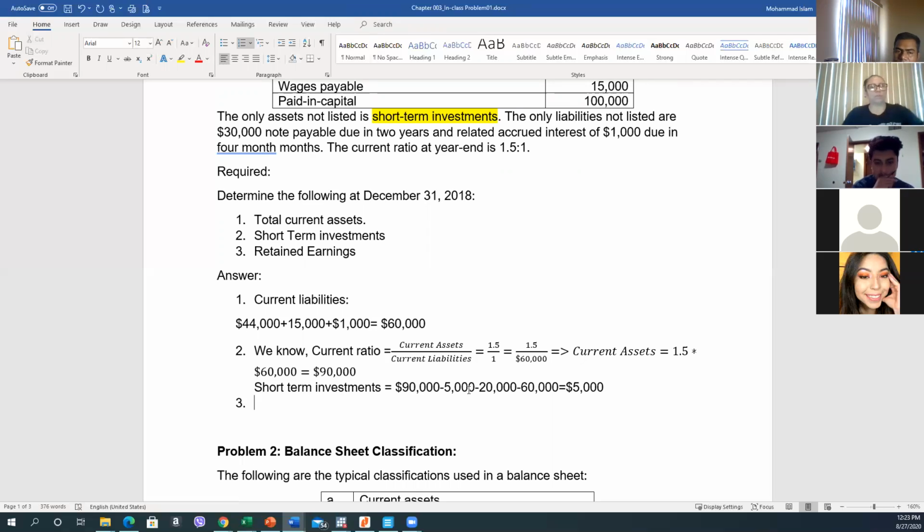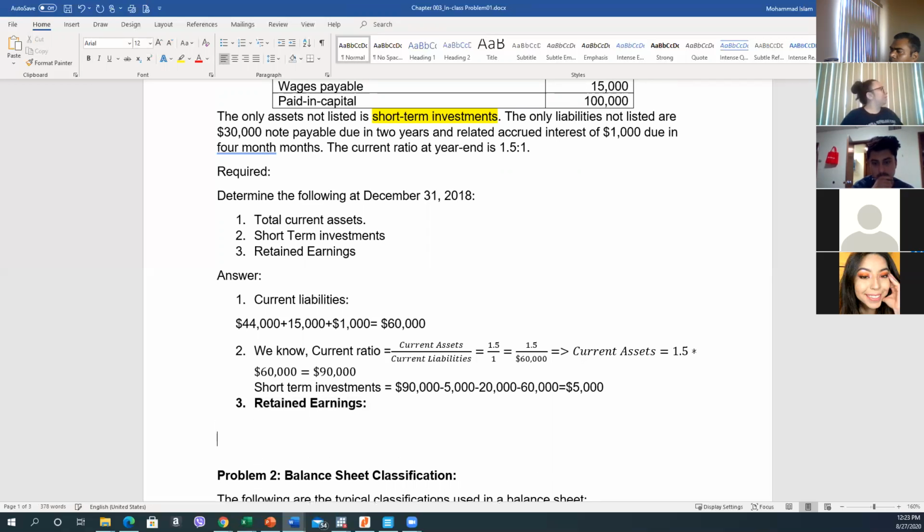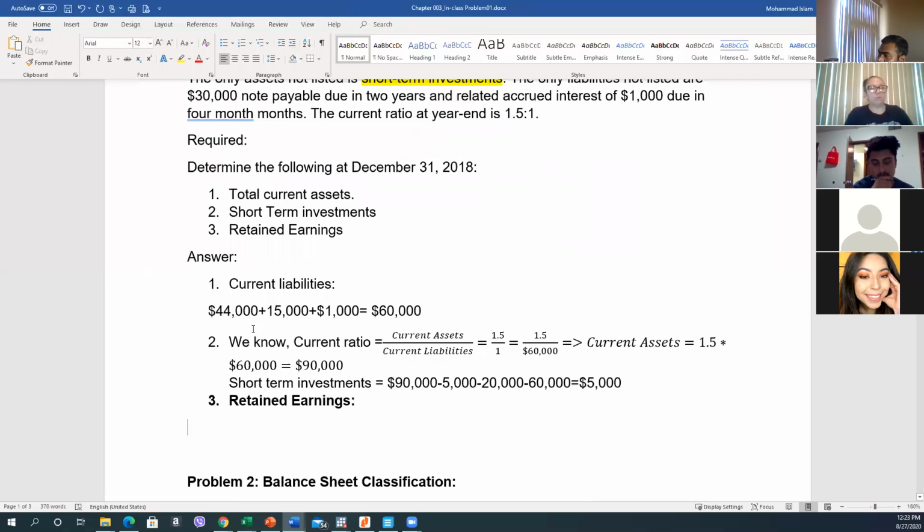And number 3 is retained earnings. From our accounting equation, we know that assets equal liabilities plus owner's equity, correct?